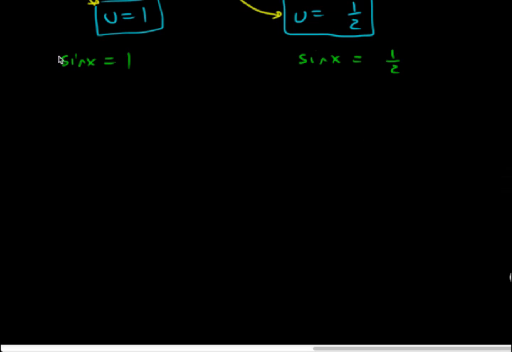So to solve this, the way you get rid of the sine is with a sine inverse. So I sine inverse both sides, and similarly over here, inverse both sides. And I get x equals, sine inverse of 1 is asking the question, for which angle will sine have a ratio of 1?